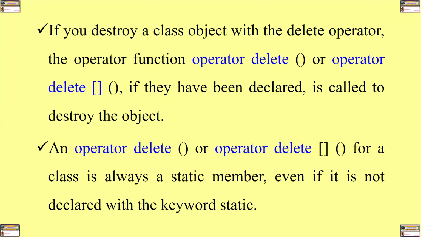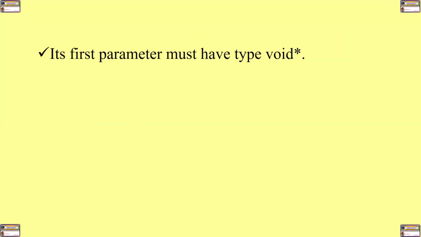An operator delete function for a single variable, or operator delete function for an array, for a class, is always a static member, even if it is not declared with the keyword static.